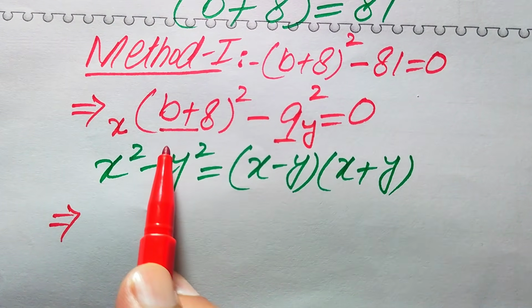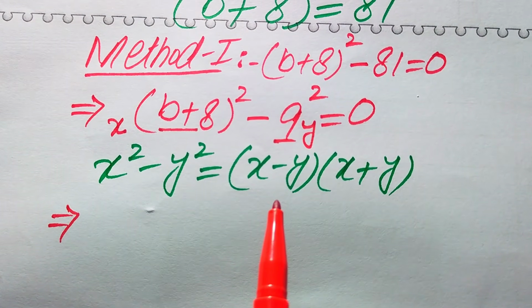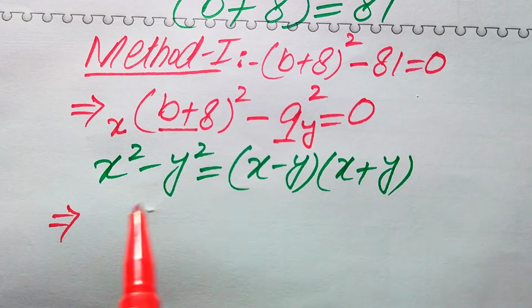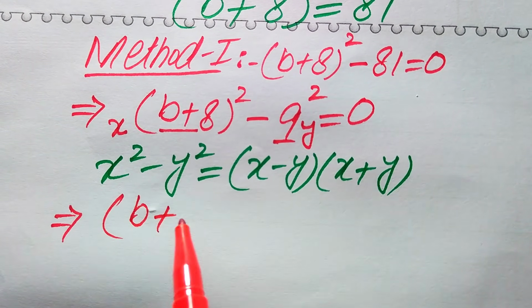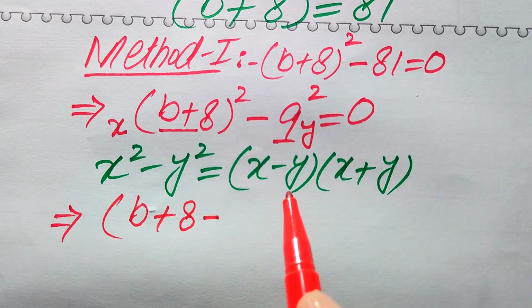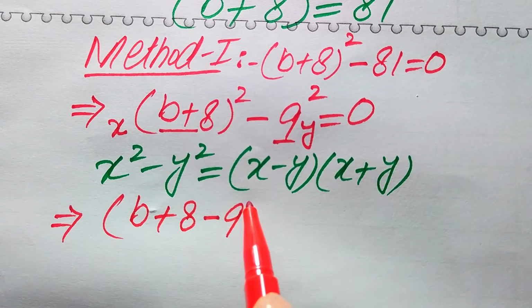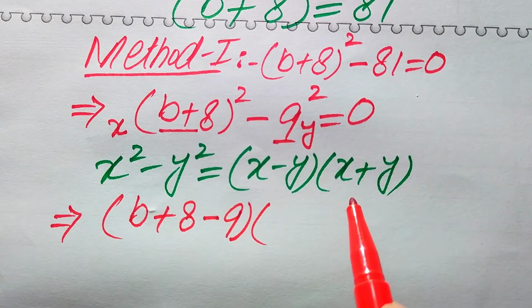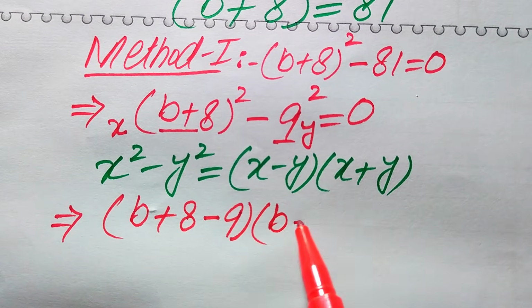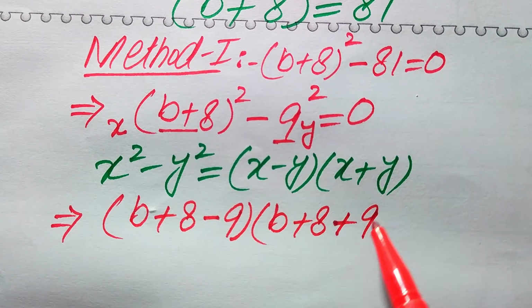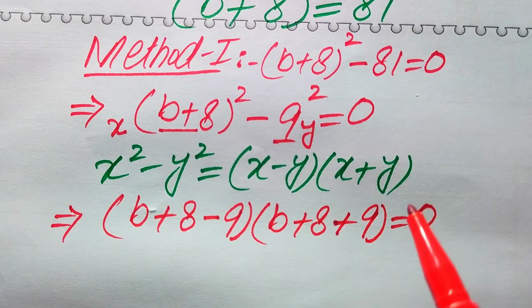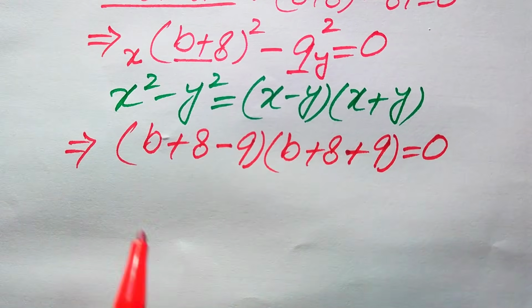So we substitute the values of x and y into the right hand side of this formula. The first factor is x - y, where x is b + 8 minus y which is 9, and in the second factor x is b + 8 plus y which is 9, and this whole equation equals 0.